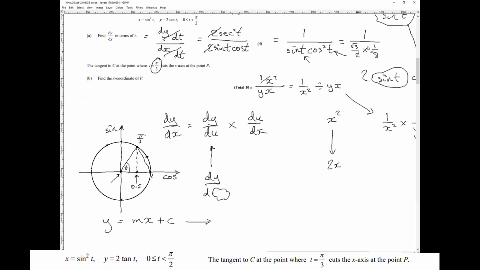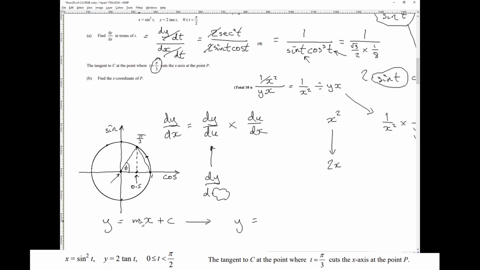So 1 over that fraction would be 1 times the reciprocal of that. What's the reciprocal of √3/16? 16/√3, exactly, yes.